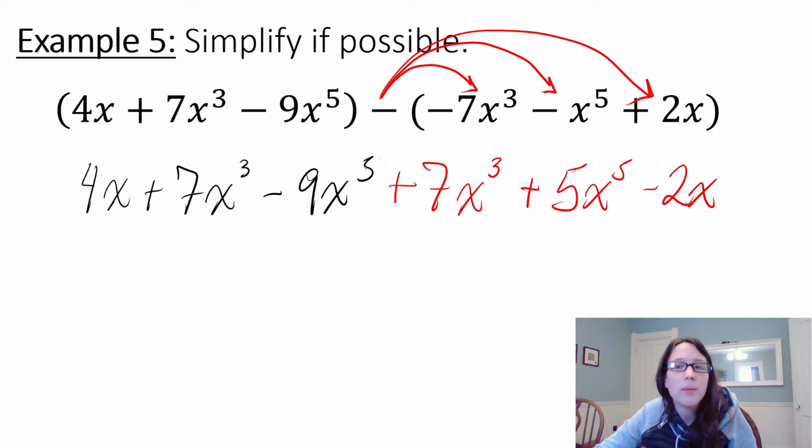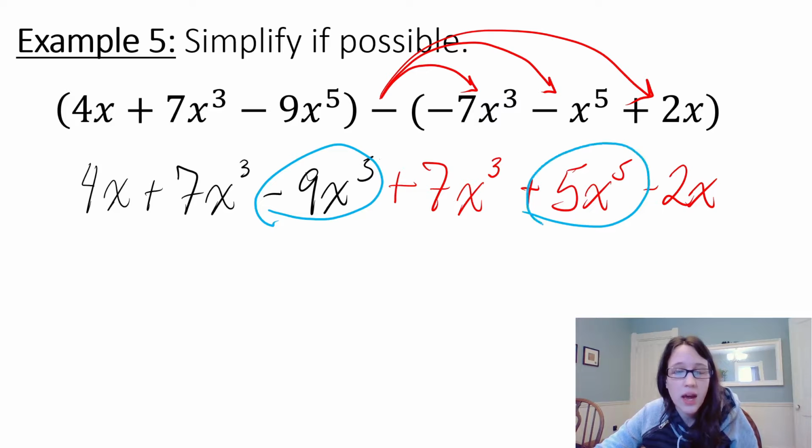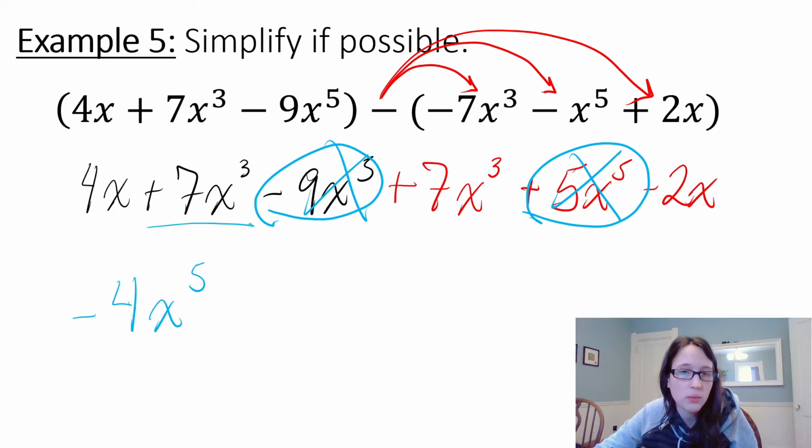Start with your biggest exponent. The biggest exponent I see is this 5, and I see two terms that have an exponent of 5. I see negative 9x to the 5th and positive 5x to the 5th. What's negative 9 plus 5? Negative 4. So that's negative 4x to the power of 5. Those ones are done. What's the next biggest exponent? 7x cubed.